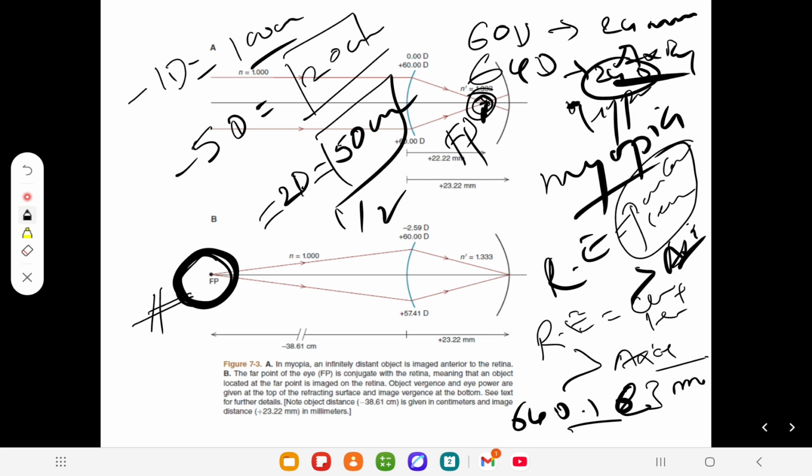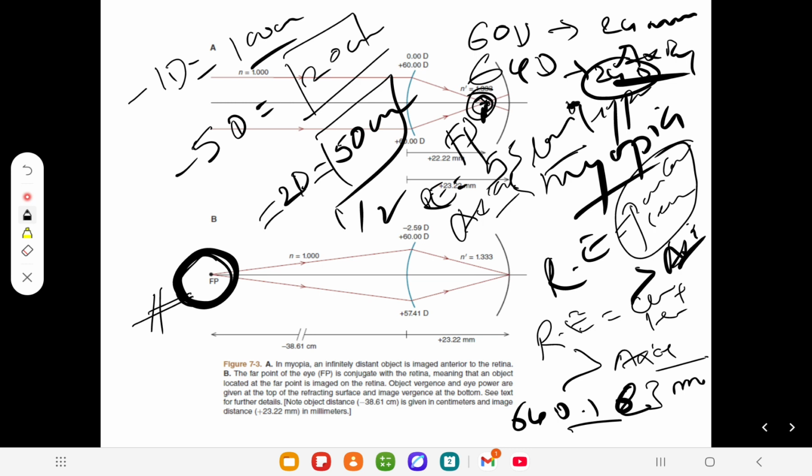I have seen a lot of cases where the refractive element has a total power of around 55, but at the same time they have a larger axial length, isn't it? Then it will create a balance between two things, and then it is not a refractive error of myopia.